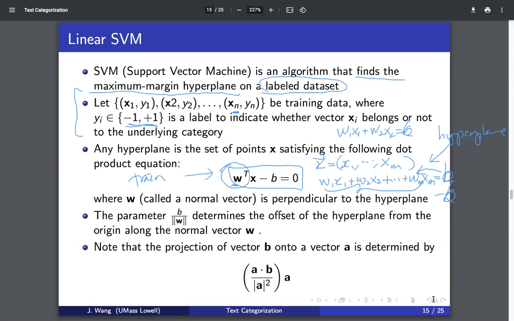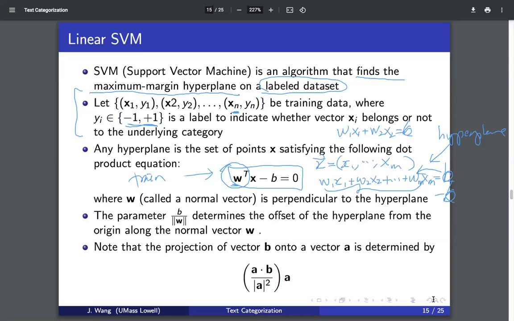That is the geometric explanation of this equation. So you want to find a hyperplane.